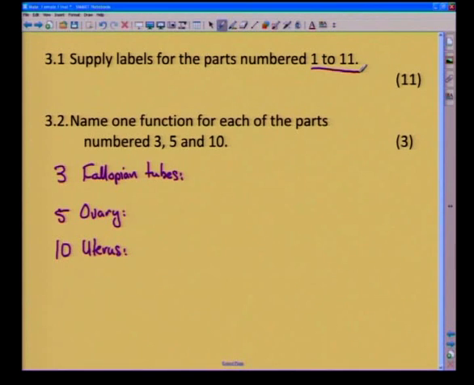So, what is the function of the fallopian tubes? It transports the egg cells from the ovary to the uterus.